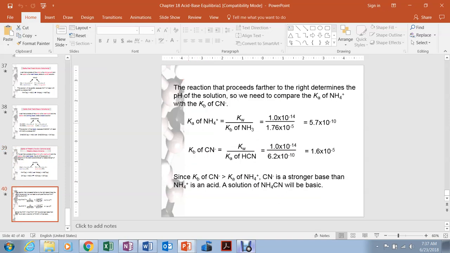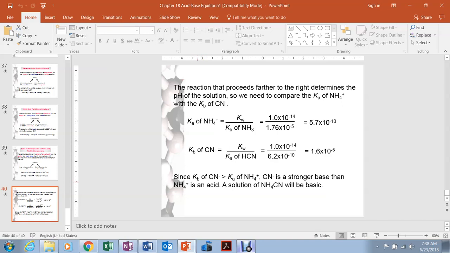Okay, so the Ka of NH4 is equal to Kw over Kb of ammonia, which gives me this. Kb of CN would be Kw over the Ka of HCN, which gives me this.